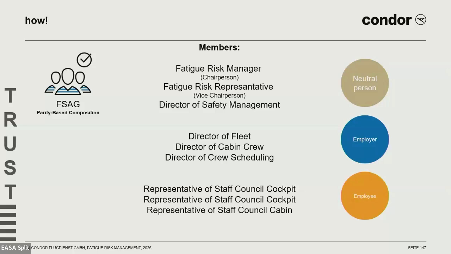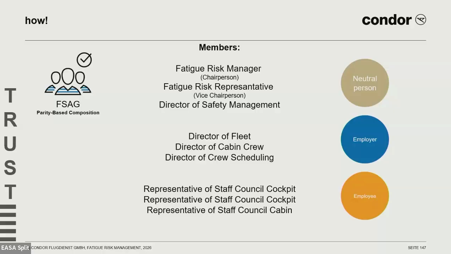Our Fatigue Safety Action Group is parity-based, and you see we have some neutral persons: the chairman, that's me, the fatigue risk manager, and my vice chairperson, the fatigue risk representative. She is ill today, sorry, can't be here, and she is a cabin crew member. This is also important for me, to represent not only the cockpit, but also the cabin in the chairpersons. And as we are an integrated part of the SMS, the safety management system at our company, the director of safety management is also at that round table. This is just the neutral persons.